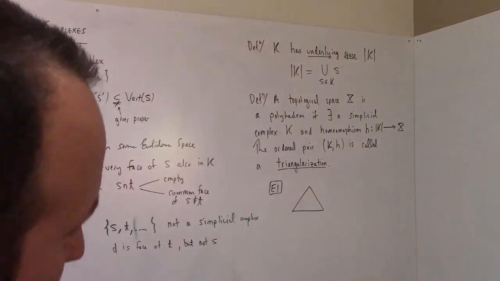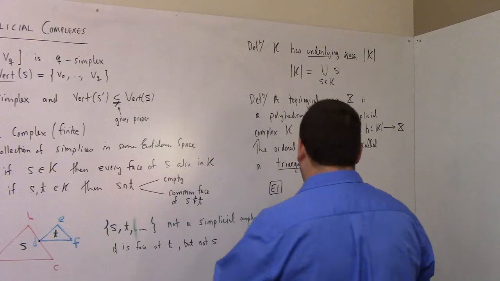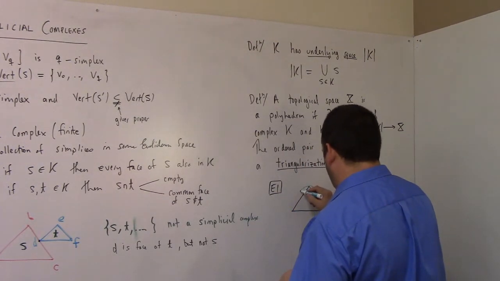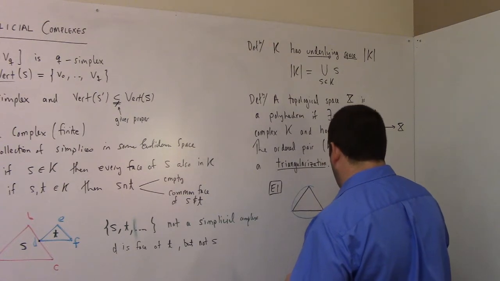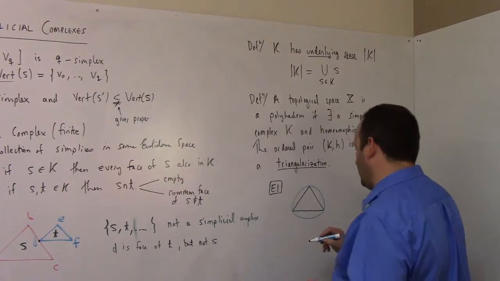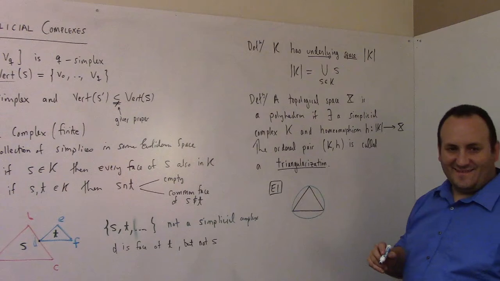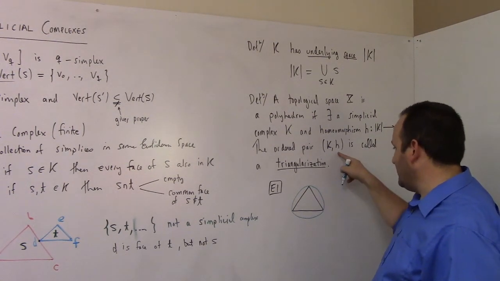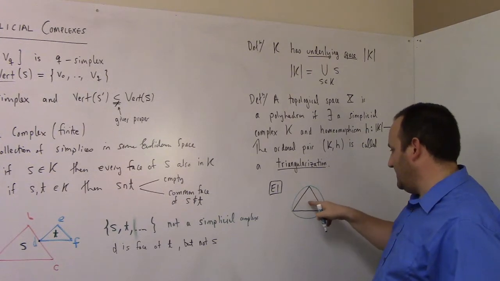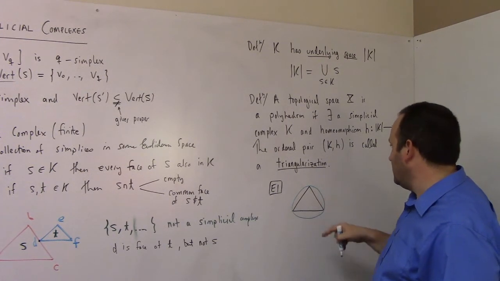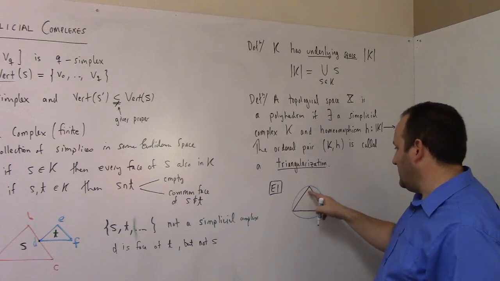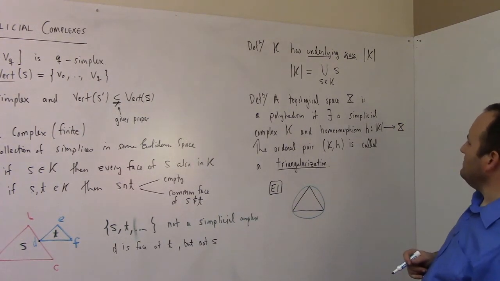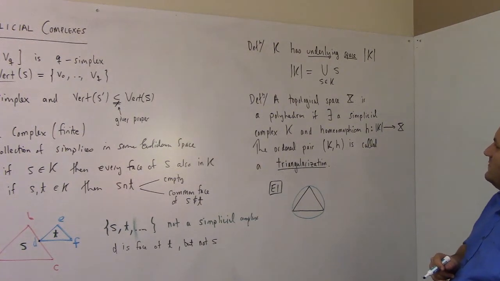In any event, of course, we can draw a circle, right? That was a circle. And the point is the homeomorphism from this to the circle, at least from the edge, the underlying space.